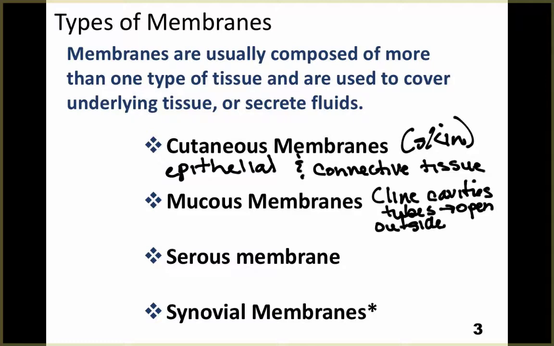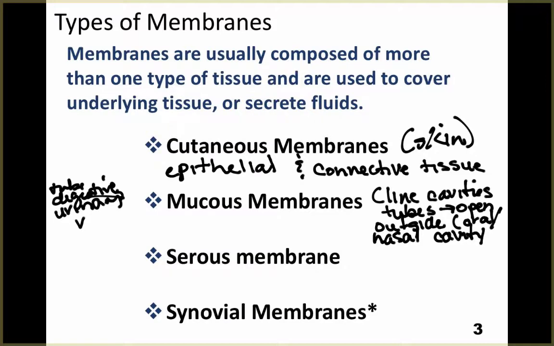So if we're talking about these, you can think the oral cavity or nasal cavities. You can think of tubes in the digestive system, the urinary system, or the reproductive system.